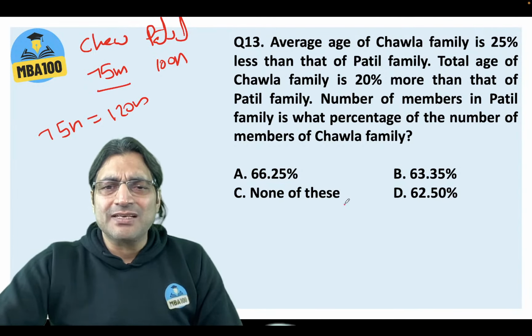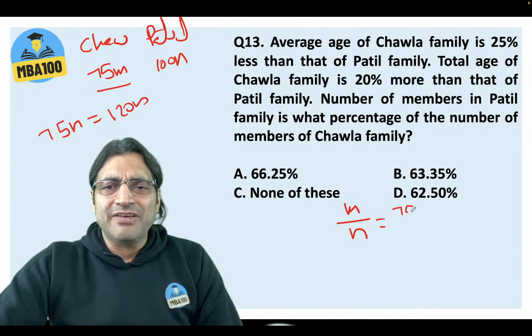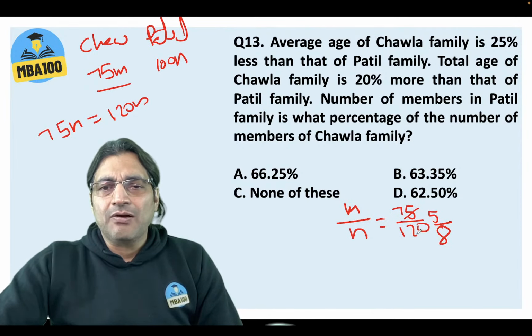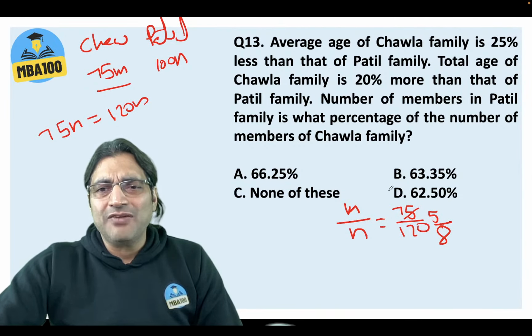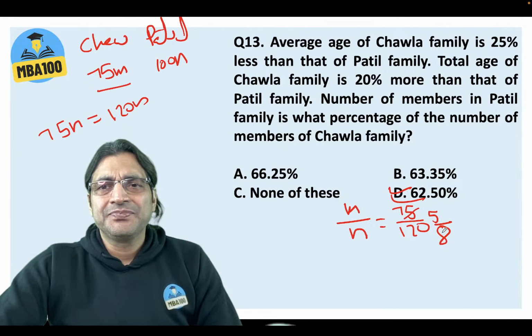That gives us M divided by N is equal to 75 by 120, that is 5 divided by 8. So if M is 5, N is 8. So M is 62.50% of N. Any doubt?